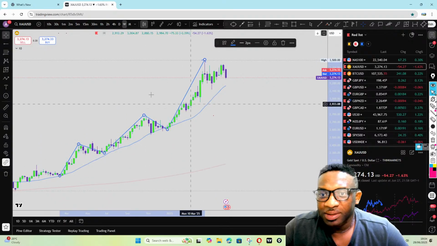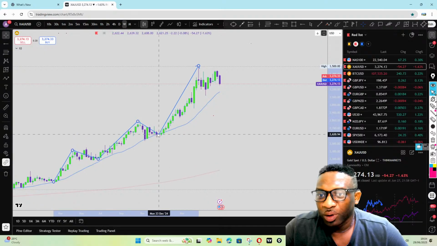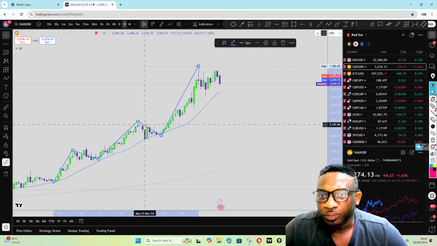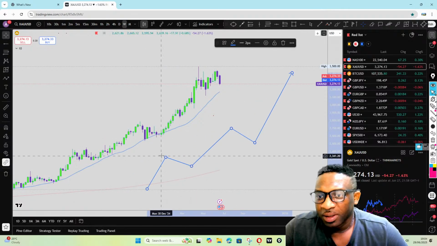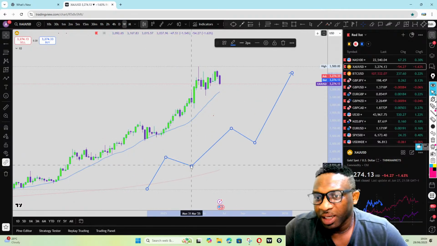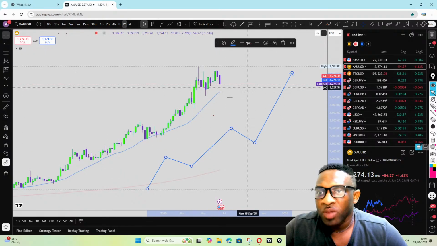So currently, this is what we have on gold. As we can see, it's been making higher highs, higher lows, higher highs, higher lows, higher highs.